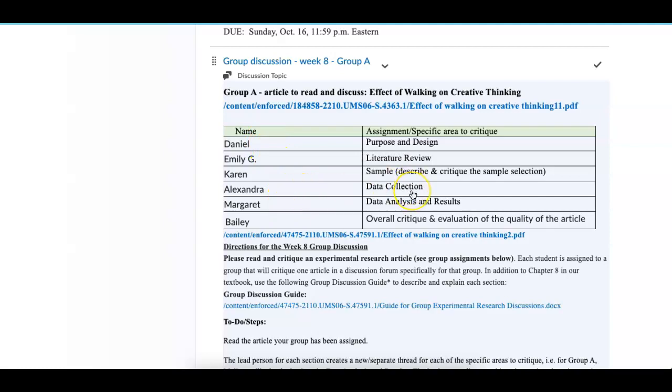When you have your section completed, please post it. And like I said, Karen will do her post. She'll call it sampling or sample, and then other people can chime in. This is your opportunity to discuss the article. And once Karen posts her section, it's an opportunity for your group to discuss the sample. Whatever Karen put forth, that's what I'd like you to discuss for each one of the sections.